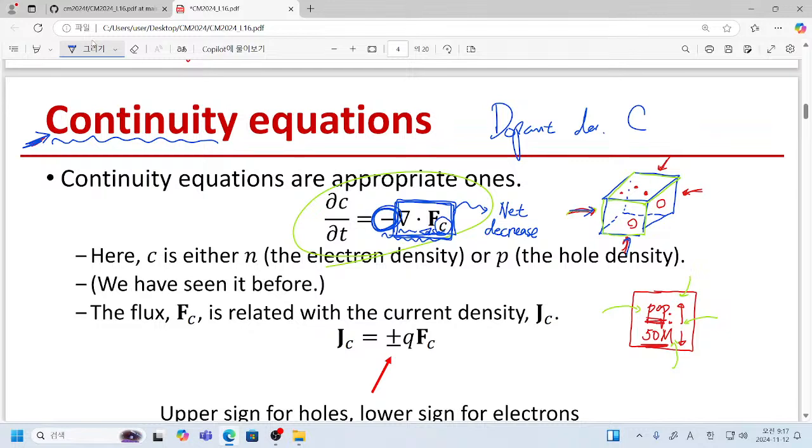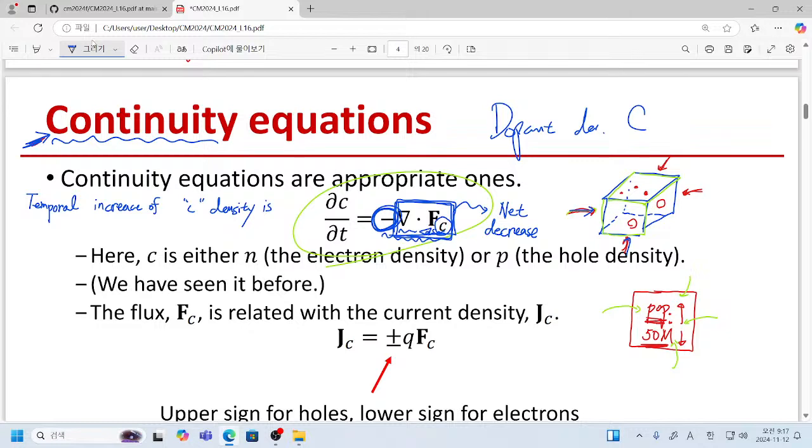Simply speaking, if we read this equation, let me write down: the temporal, time dependent increase of C density, this is the left hand side of our equation.